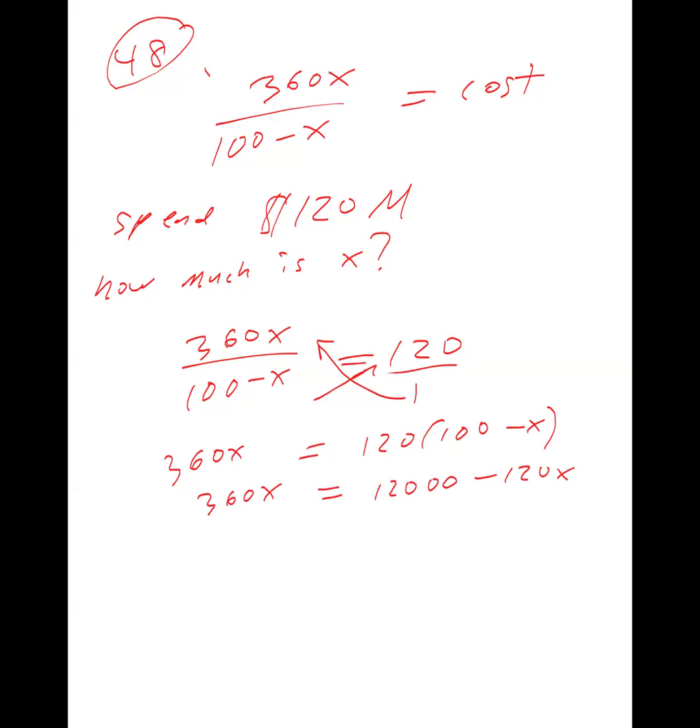And then which is smaller, the negative 120 or the positive 360? The negative 120 is a little smaller, so I'm going to get rid of that one to make it easier. Perfect. Then you get 480x equals 12,000. And then divide by 480.